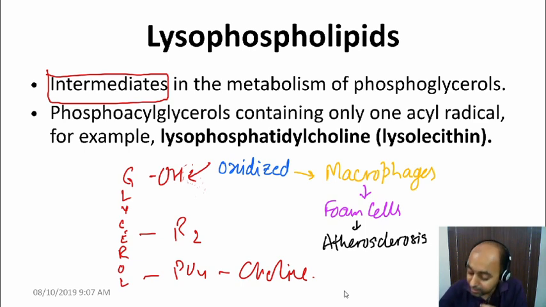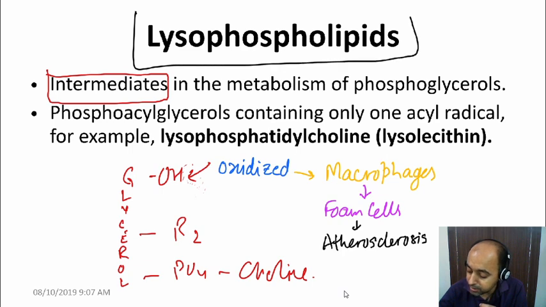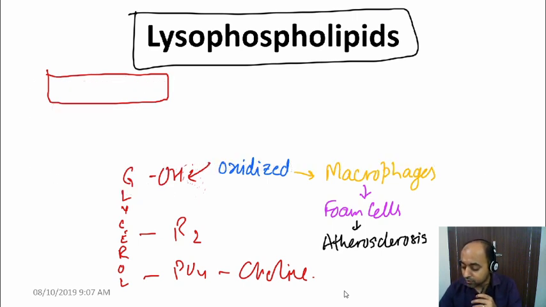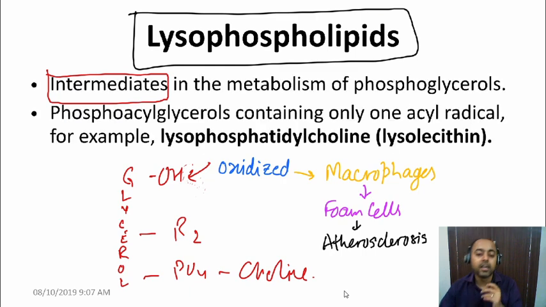That is why we are interested in the lysophospholipids. They are strongly associated with the incidence of atherosclerosis. So remember, strictly speaking, these are not glycerophospholipids. They are an intermediate in the metabolism of the glycerophospholipids.